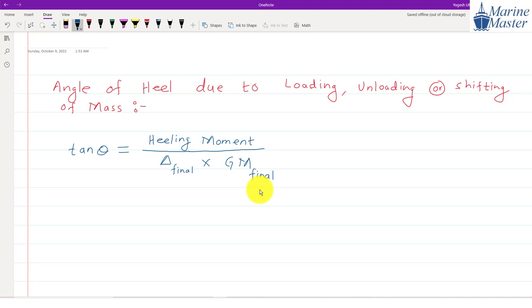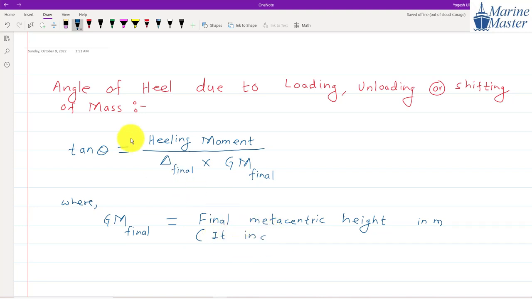And I'm going to write down the meaning of each and every term. GM final means final metacentric height in meters. And this final metacentric height includes the free surface effect. What is meant by free surface effect?